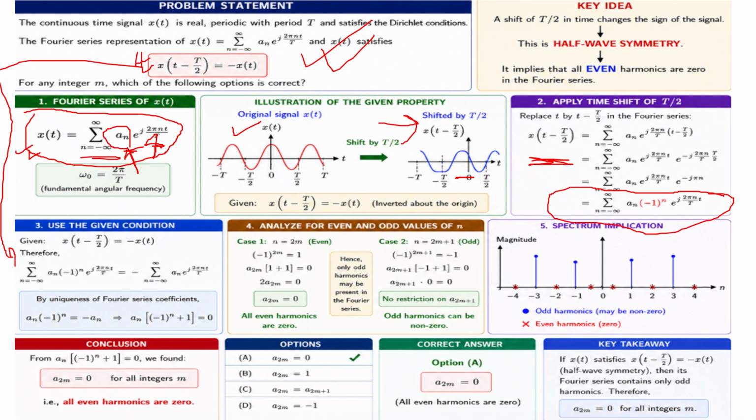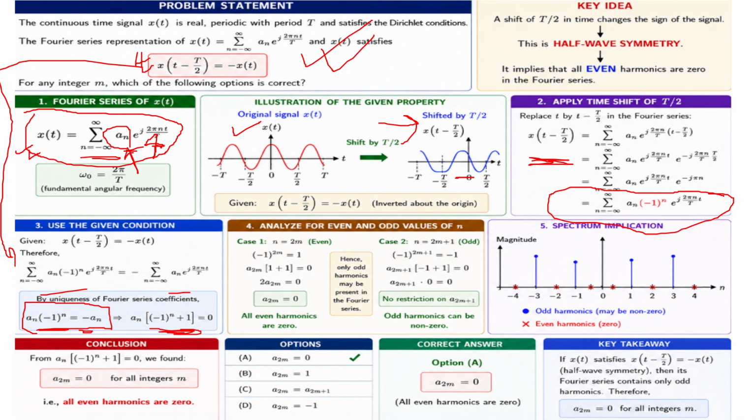So use these properties and put the values on the left side and right side, and automatically you will get that it holds only if a n into minus 1 to the power n is equal to minus a n, and this will be true only if this condition holds.